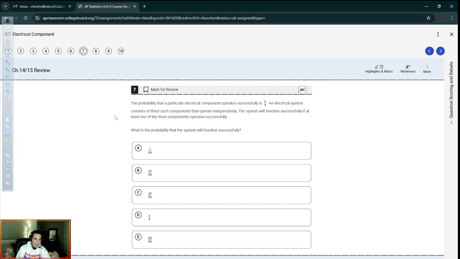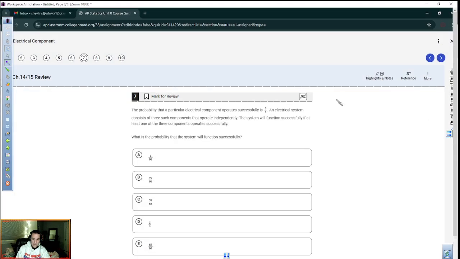Successfully is 3/4, so the probability that it's going to keep working is 3/4. Three components operate independently. It sounds a lot like problem 1. System will function successfully if at least one of the three, oh, they changed it a little bit. One of the three has to work, so the other two can break. As long as one is still working, it will work.